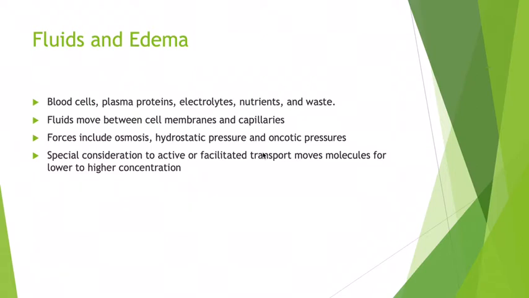Hydrostatic pressure is where the blood pressure is forcing the fluid through the membrane, and then our oncotic pressures are the larger molecules that sit inside the vessel or outside in the tissue that draw these fluids from an area of higher concentrations to lower concentrations and the like. So they constantly keep this balance.